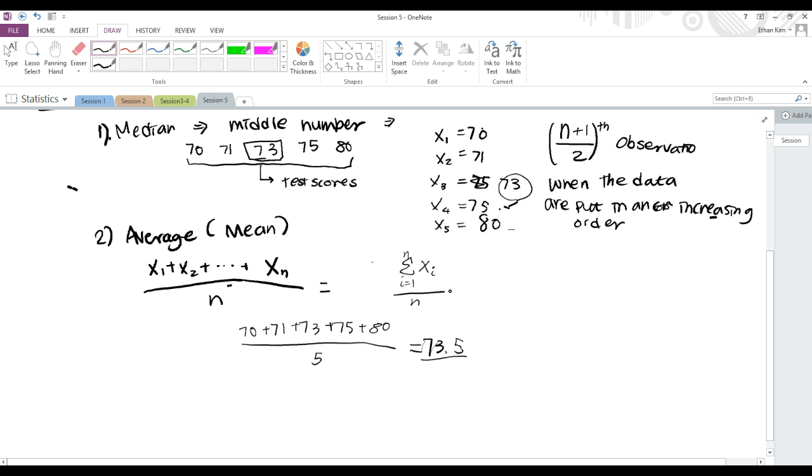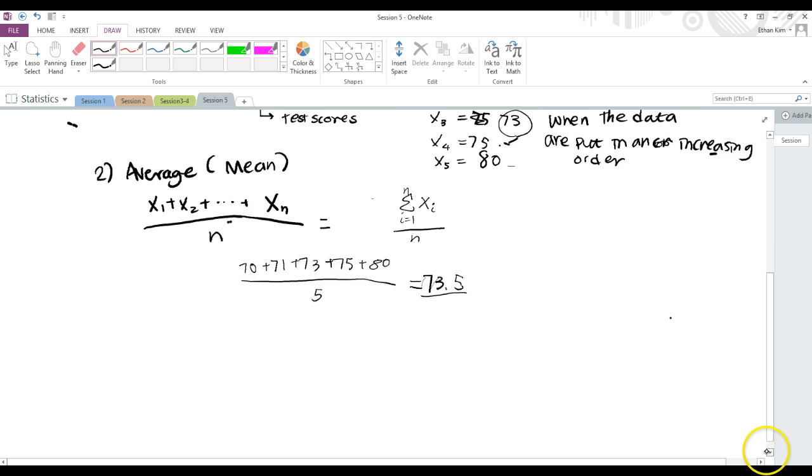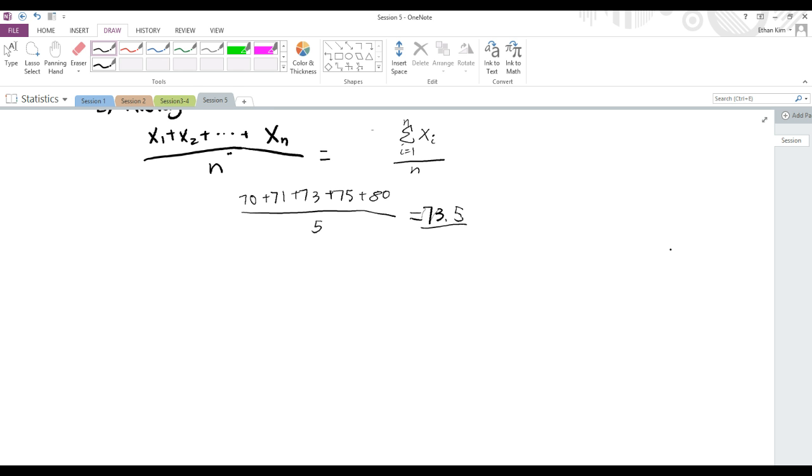It's not that far off, but sometimes it will vary, and we're going to discuss when that is the case. Why don't we just use the same data here?